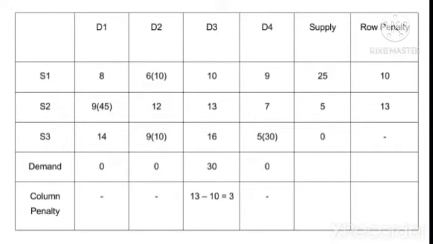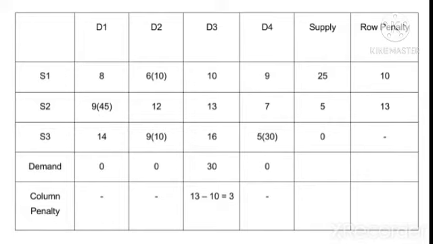We only have penalty from row 1, which is 10, second row 13, third column is 13 minus 10 is equal to 3. The maximum penalty is seen on the row S2, which is 13.